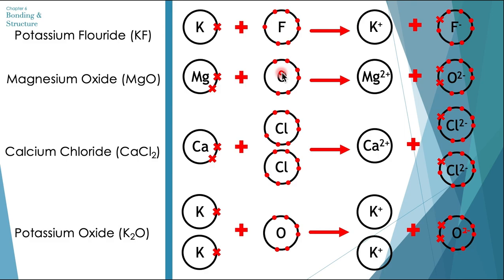The atom which is gaining electrons becomes negatively charged, and the one which is losing electrons becomes positively charged. So they form unlike charges, which makes them attracted to each other. It is this electrostatic attraction between them which keeps them together and makes them these compounds, but not molecules.